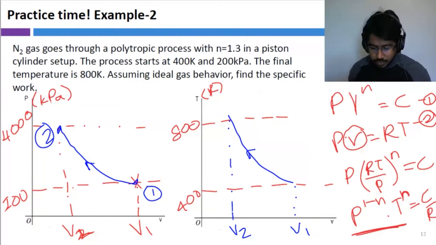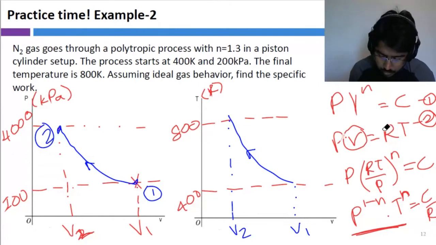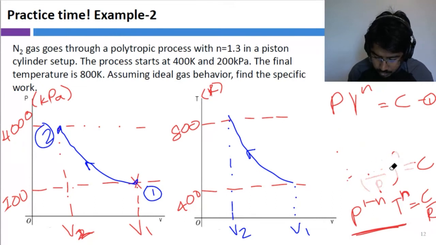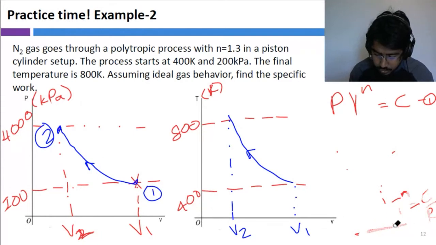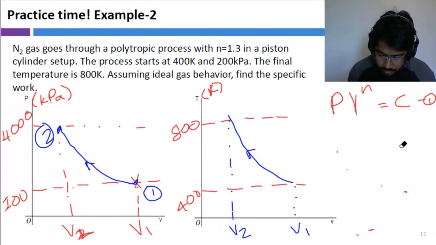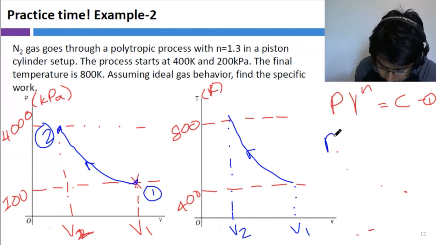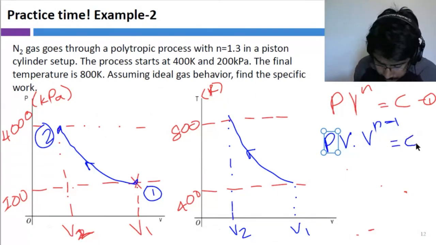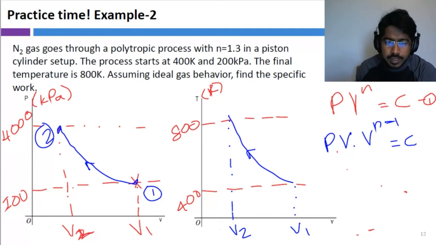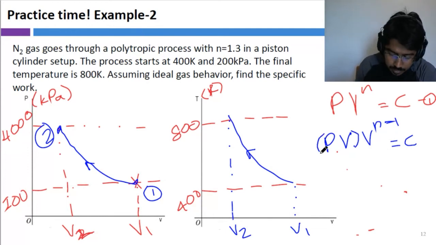Right? So if we want to derive a relationship between T and V, what we can do is to know whether this is a curve or not in the TV diagram. We don't know whether it's a straight line or a curve just by looking at it. So you can take this equation, and we can write this very same equation as PV to the power n minus 1 equals C. Just reconfigure the equation. Everybody agrees with this new form.